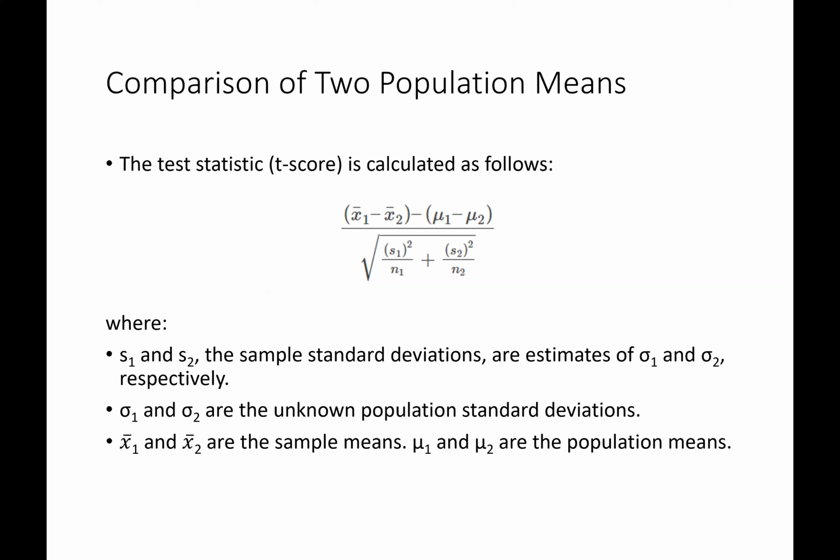So mu subscript 1 minus mu subscript 2 will be 0 when we're comparing these two populations, because we're going to be doing some kind of assumption for the status quo that the means are equivalent.